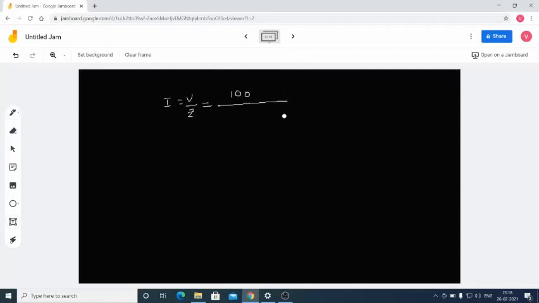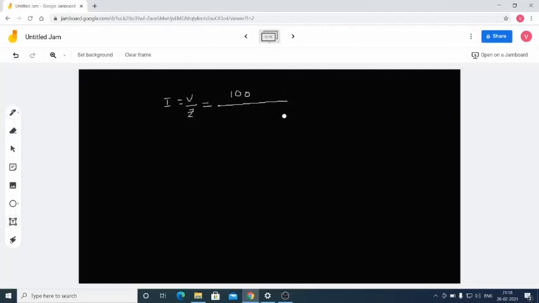So what is the magnitude? The magnitude of A minus B is the square root of the real part squared plus the imaginary part squared. Simplifying this, we will get 12.08.